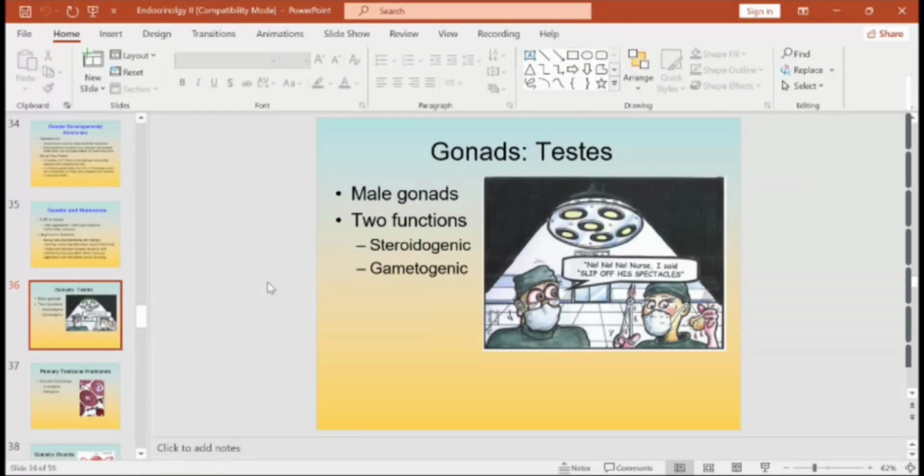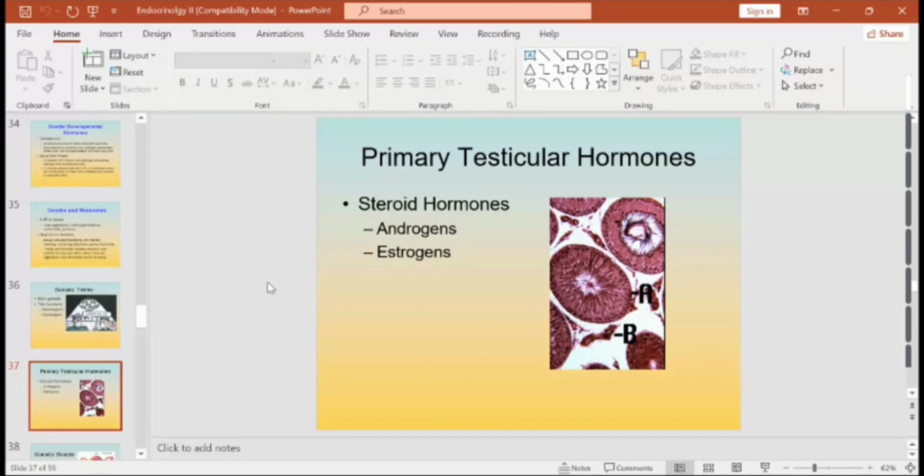The details will come in the male reproductive system. The steroidal hormones are androgens and estrogen, and androgens are the predominant ones, the predominant one being testosterone, but you also have estrogen in a slightly lower amount.